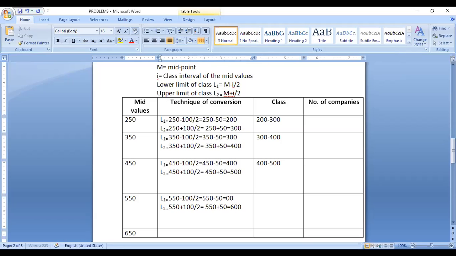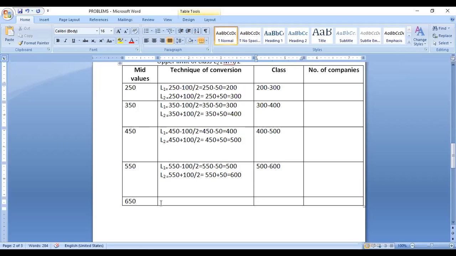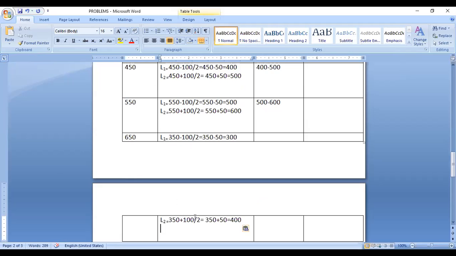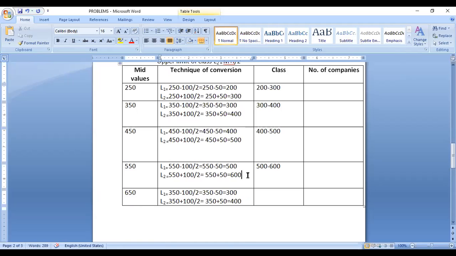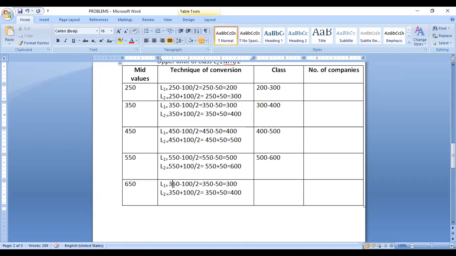It will be 500 here. So class is 500 to 600. So here in this case the midpoint is 650. 650 minus 50 will be 600. 650 plus 50 will be 700. So class will be 600 to 700.